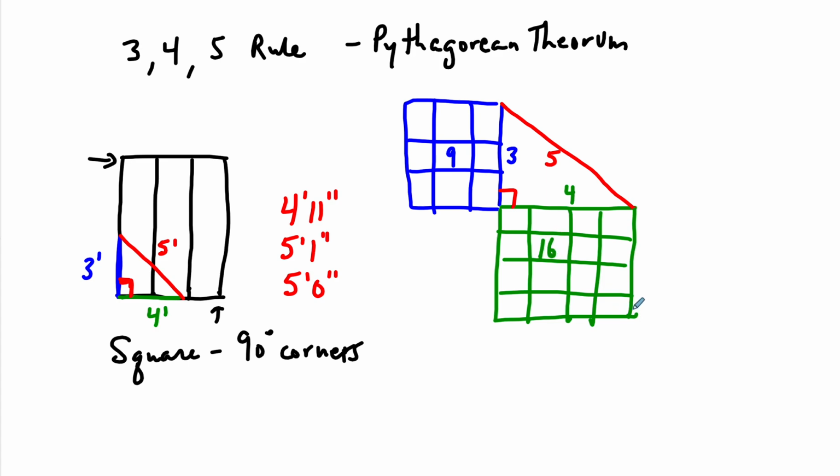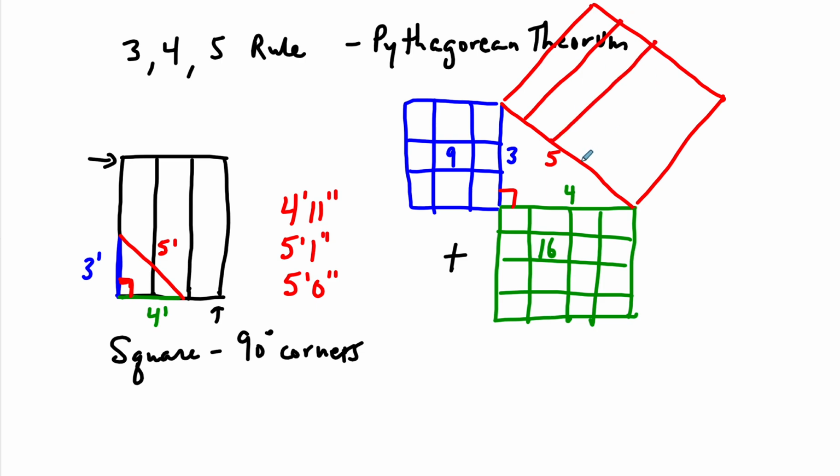What Pythagoras noticed was this. In any right angle triangle, if you add the square of this side together, so 9, and the square of the second side together, so 16, it should equal the square of the third side. So let's find out what the square of the third side is. Let's square 5.